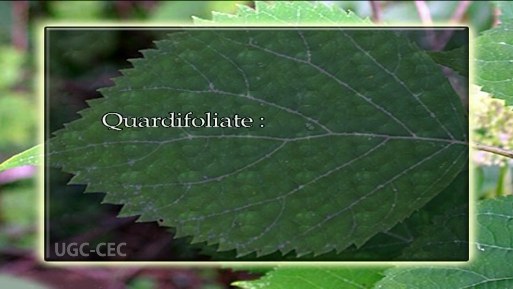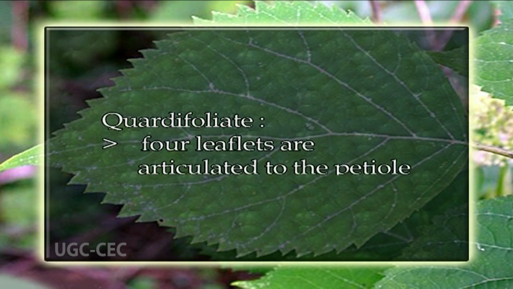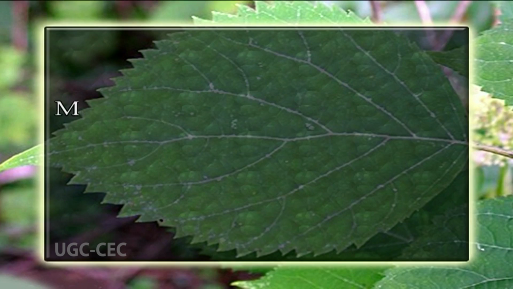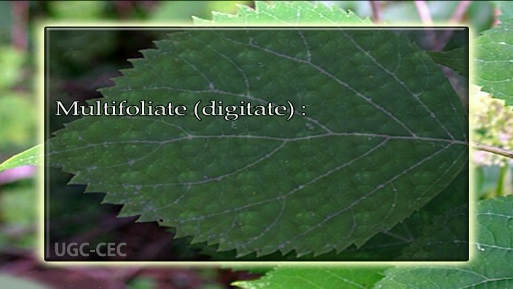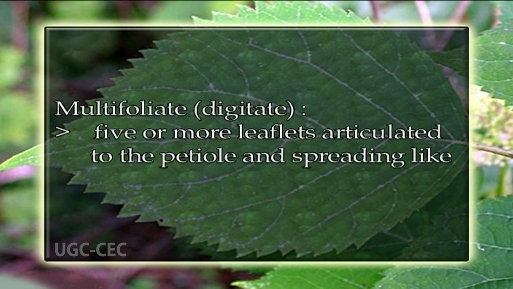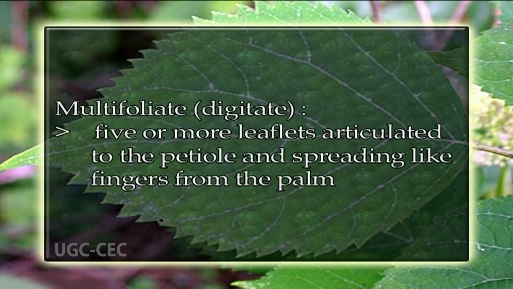Quadrifoliate. 4 leaflets are articulated to the petiole, for example Paris quadrifolia. And multifoliate, that is digitate. 5 or more leaflets articulate to the petiole and spread like fingers from the palm, for example Bombax malabaricum.